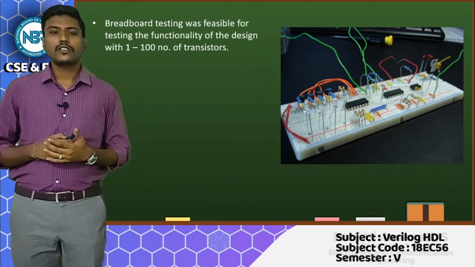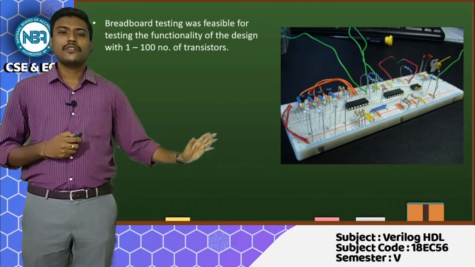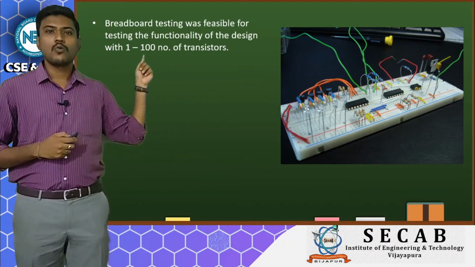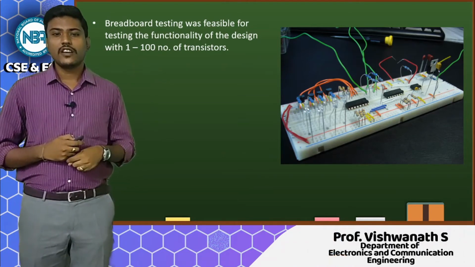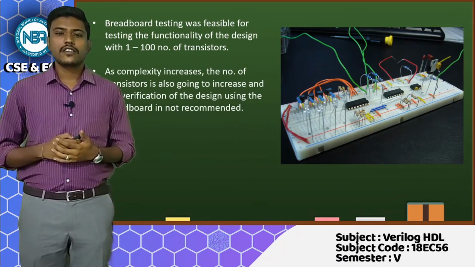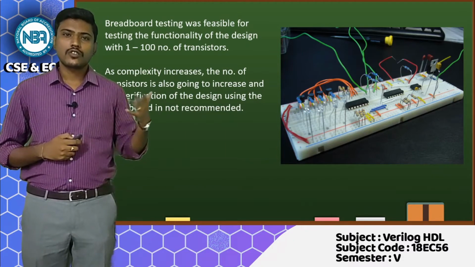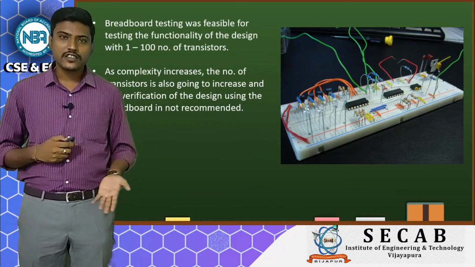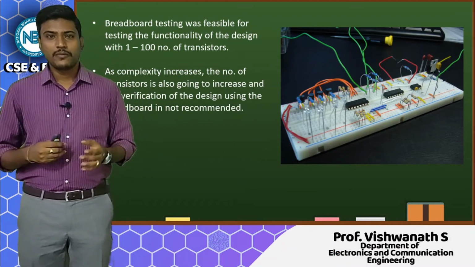Then they thought the breadboard design was only feasible for 1 to 100 transistors. As the number of transistors went on increasing, the complexity also increased, and the designers thought this breadboard is not feasible, because it becomes what?